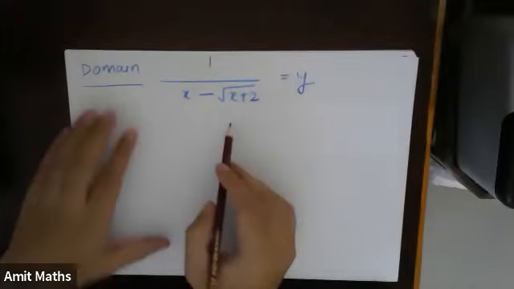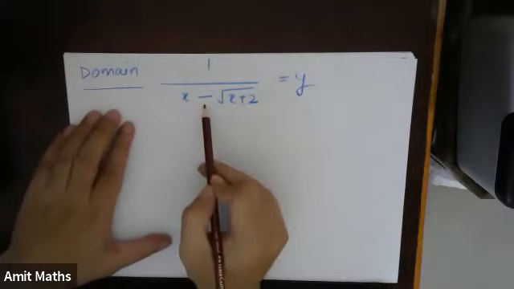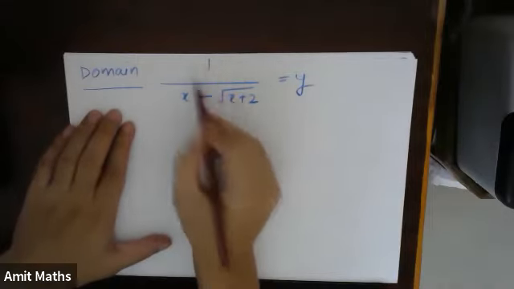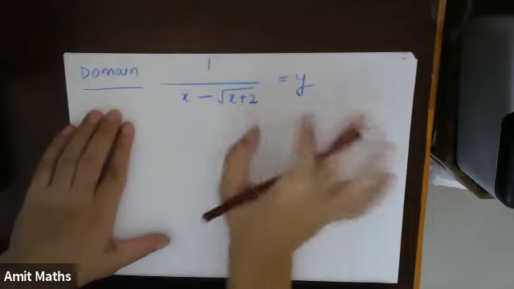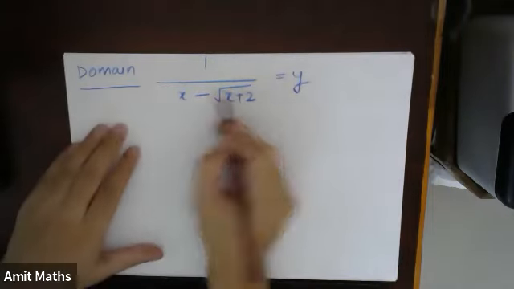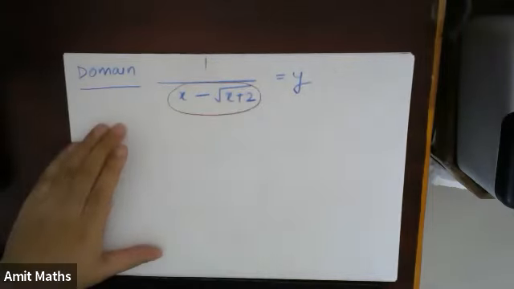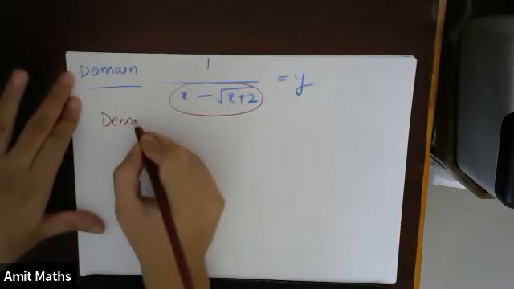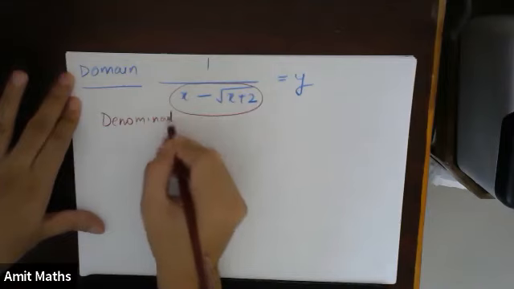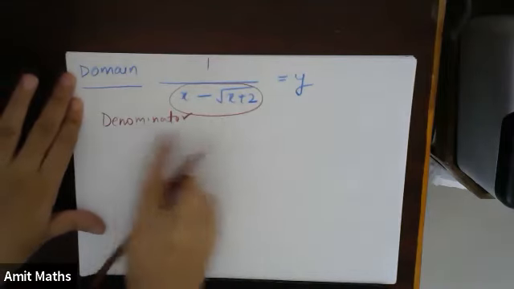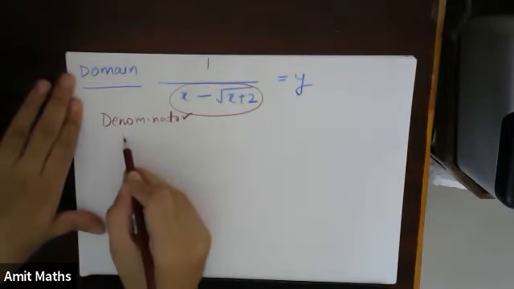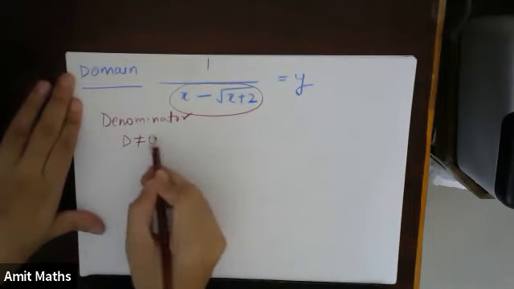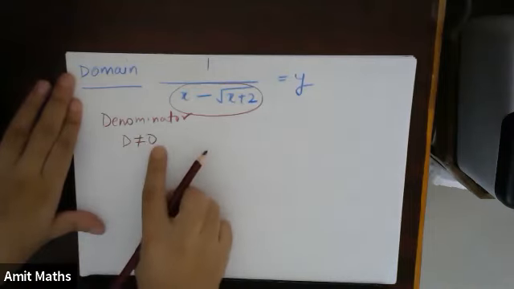Okay, so let's check. Now we have something in the denominator. My numerator does not have any x, so this is okay. For every value of x, this will be fine. Now for the denominator, I have to check. The condition on denominator is that it should not be equal to 0.